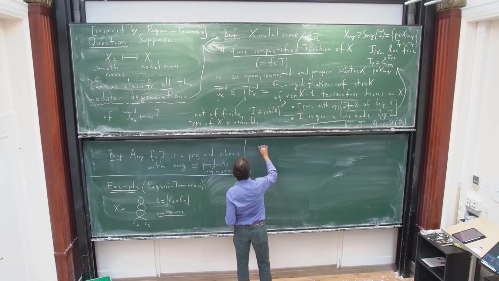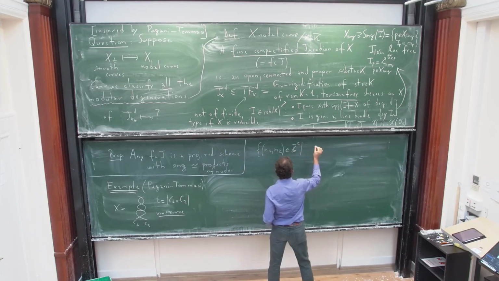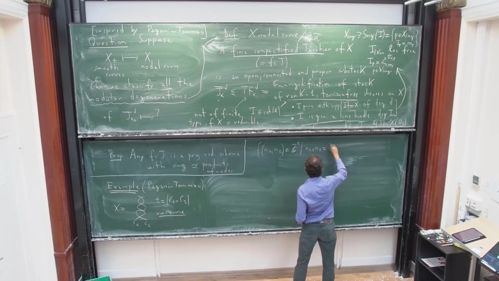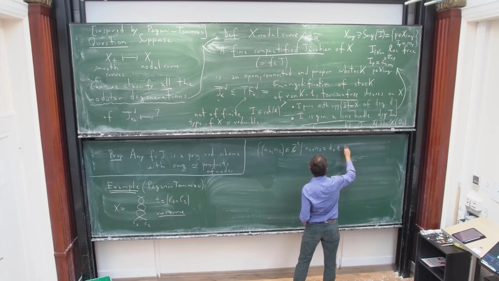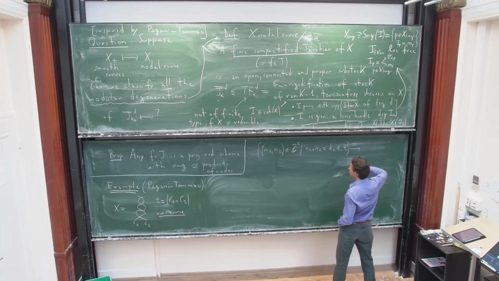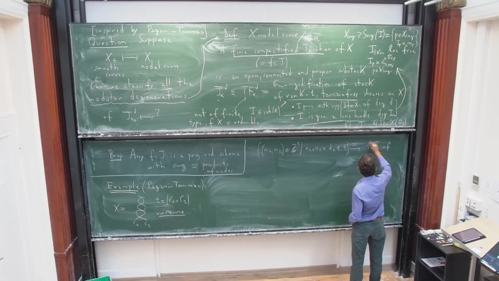They are classified by pairs of two integral numbers, such that they add to d plus 1 minus t. This is a complete classification of fine compactified Jacobians of this curve X.